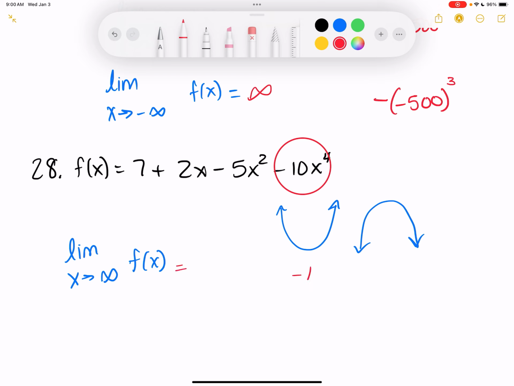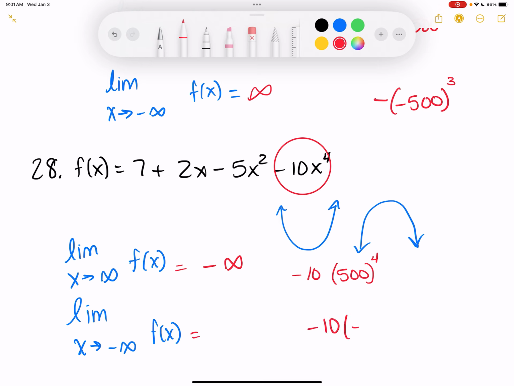so if I've got negative 10 times 500 raised to the fourth, what sign is going to be on this? Negative infinity. Yep, so this one's going to be negative infinity. Now, always check the other one just to make sure you did everything right. But we know that since it's even, they should be going the same way. So as x goes to negative infinity, I've got negative 10 times negative 500 raised to the fourth.